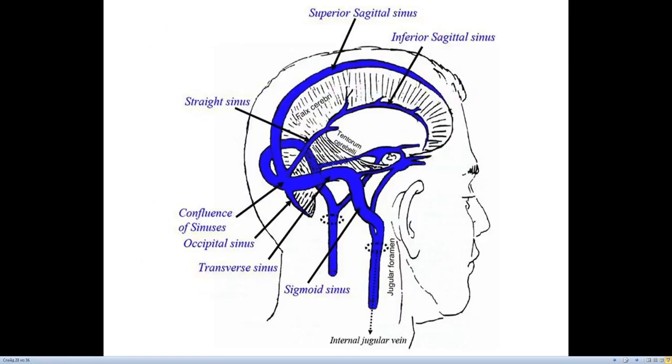In the places where the dura mater encephali is attached to the bones, venous sinuses form. You can see here the sinuses of dura mater encephali. It is presented by the superior sagittal sinus, which rests on the superior margin of the falx cerebri and is attached to the same-name groove of the calvaria, continuing from the crista galli up to the internal occipital protuberance over a very long distance.